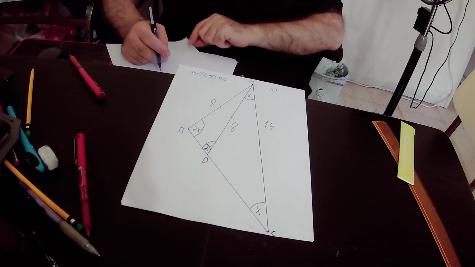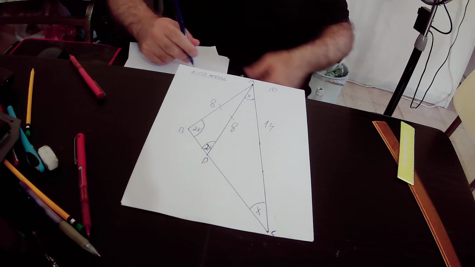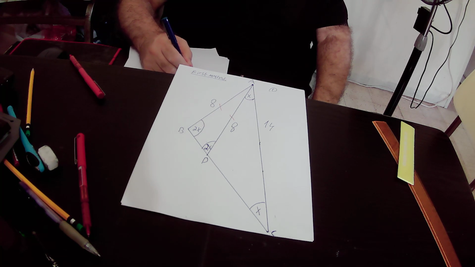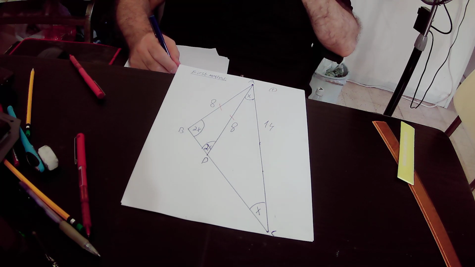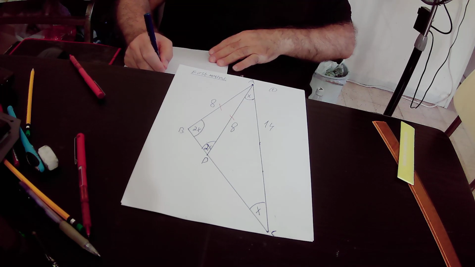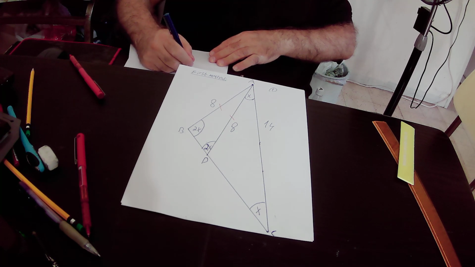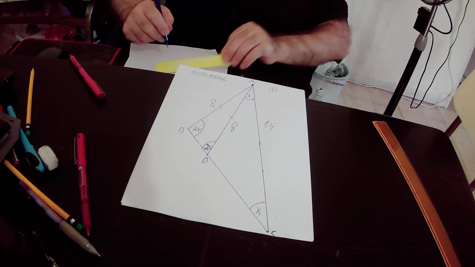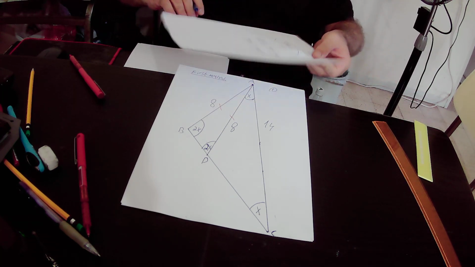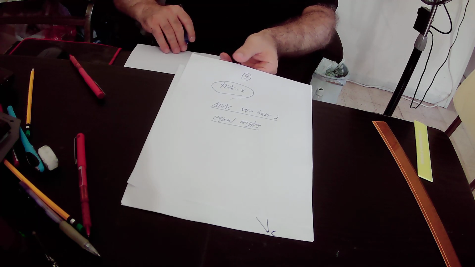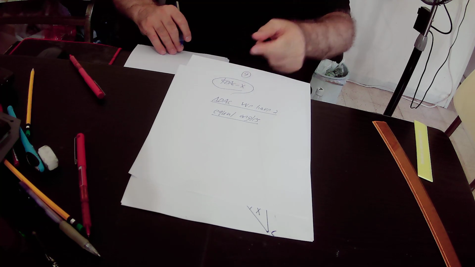This angle equals x, so in triangle DAC we have two equal angles.